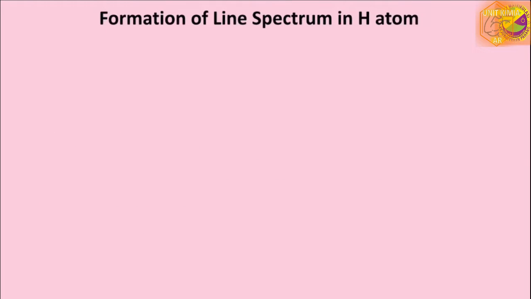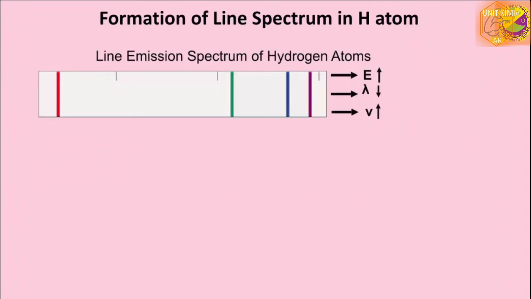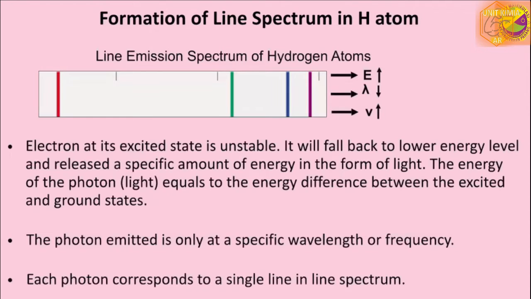Formation of line spectrum in hydrogen atom. Do you recall the four Bohr's atomic postulates? The fourth postulate is: an electron at its excited state is unstable. It will fall back to a lower energy level and release a specific amount of energy in the form of light.